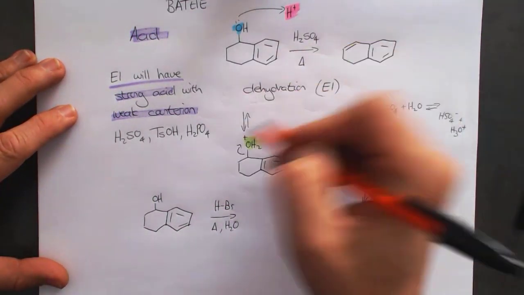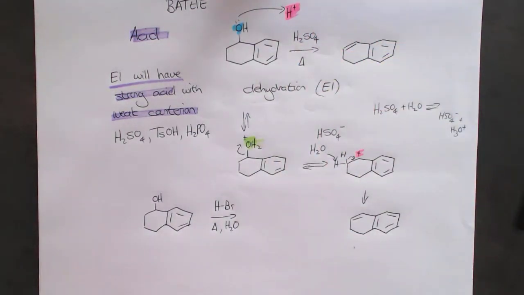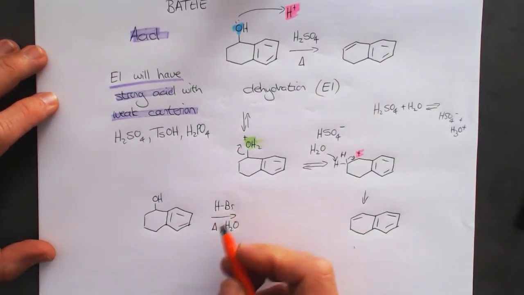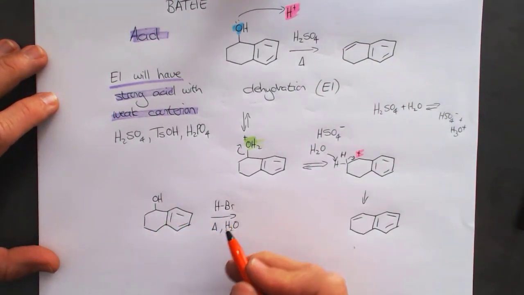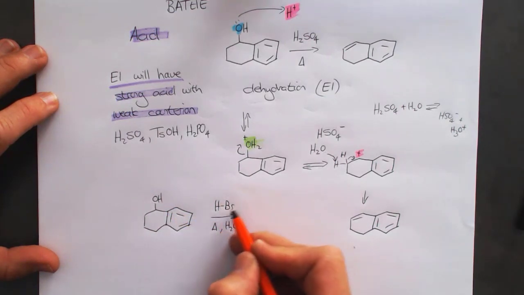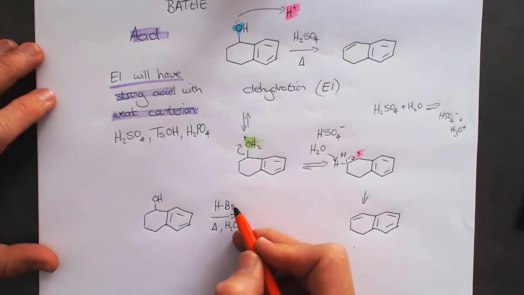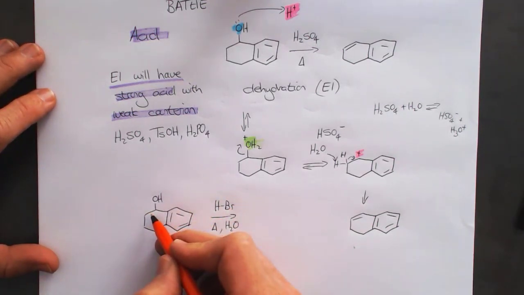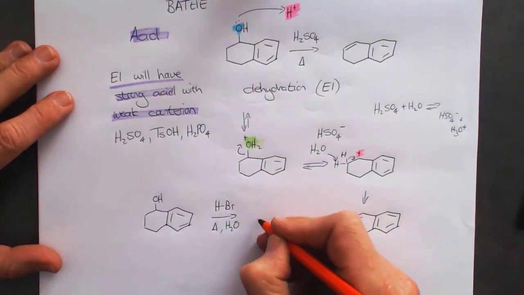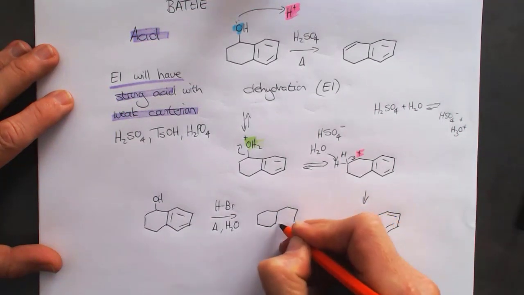All right, this is normally done in neat sulfuric acid, although water can be present. This over here will do a substitution reaction. Why? Because this will protonate it. This is not a weak counterion. The Br minus is actually a good nucleophile, relatively speaking, and it will do a substitution reaction. It won't pick up the proton. And so what we'll get is the substitution product.